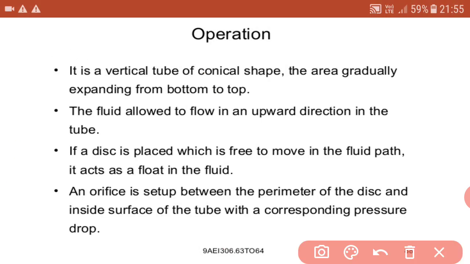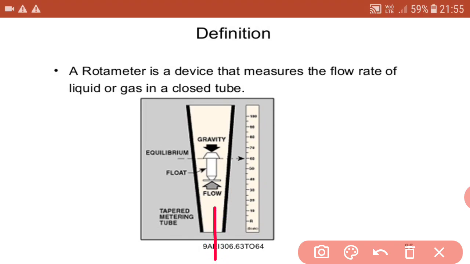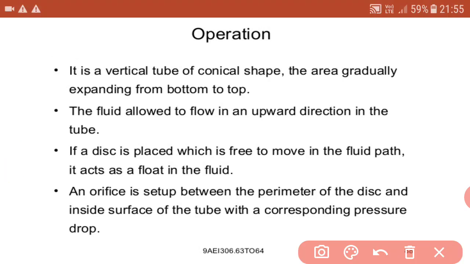The fluid is allowed to flow in an upward direction in the tube. If a disc is placed which is free to move in the fluid path, it acts as a float in the fluid.